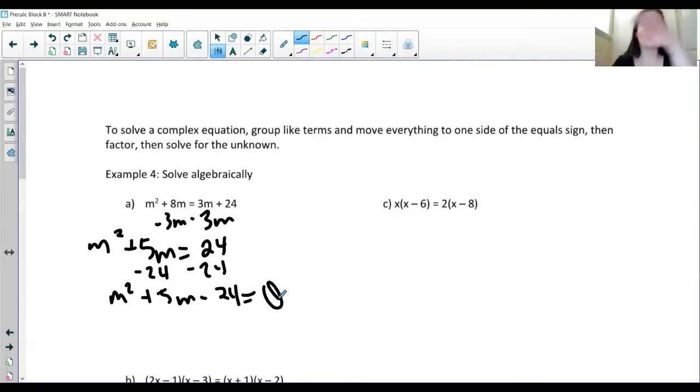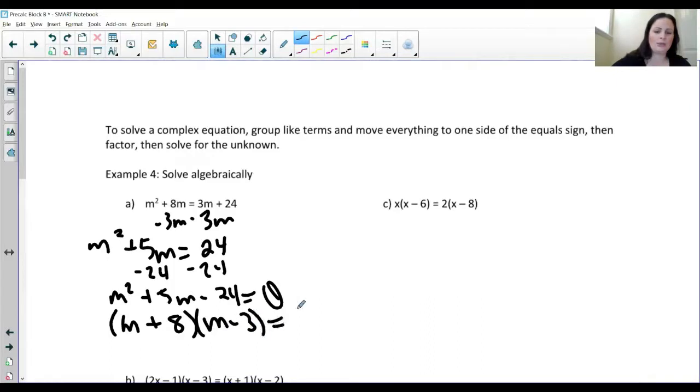And then we are just back to where we were in the previous example, example 3, where we factor and solve. So for this one, we have, I think it's positive 8 and negative 3. So we get m plus 8 times m minus 3 equals 0.